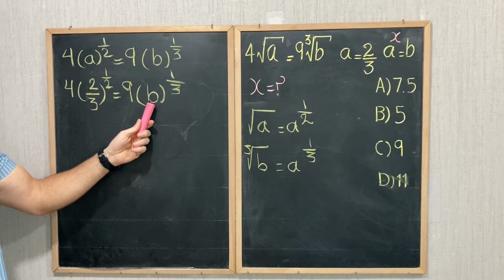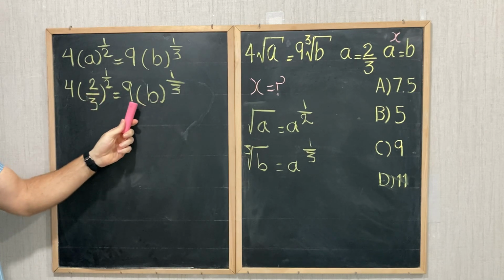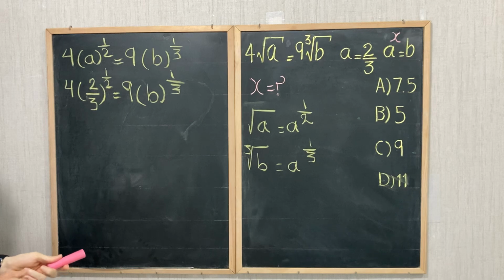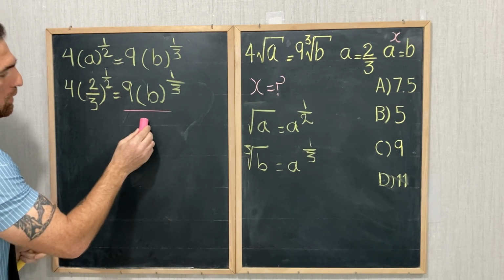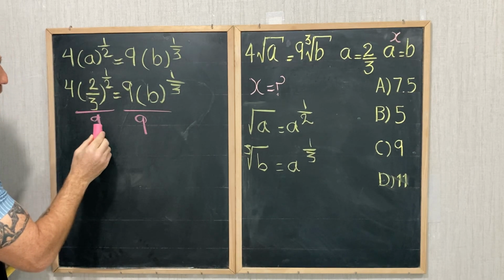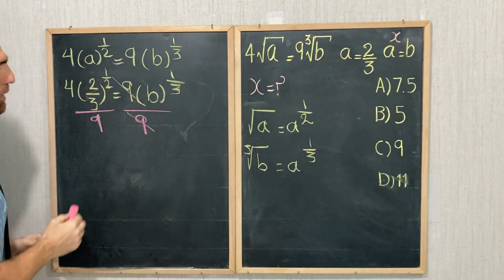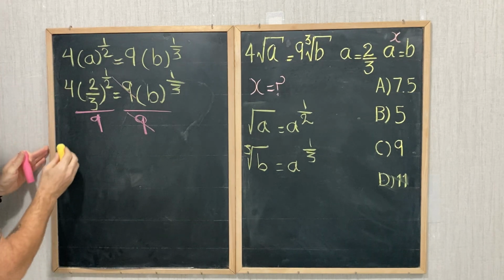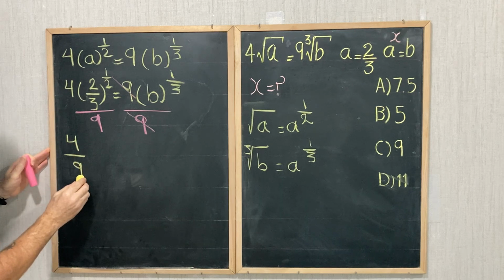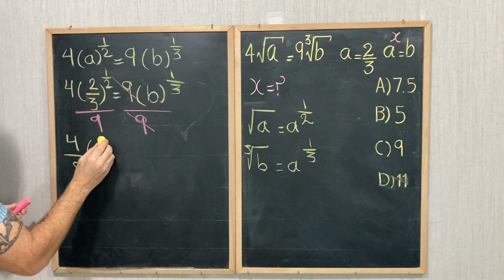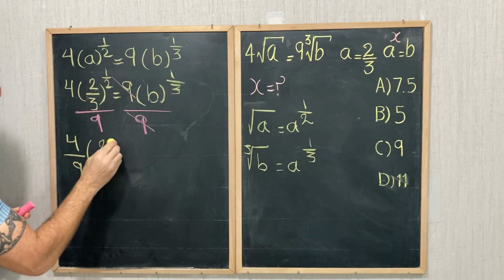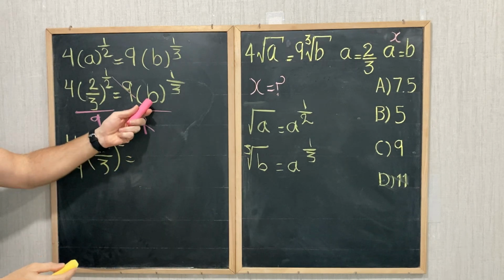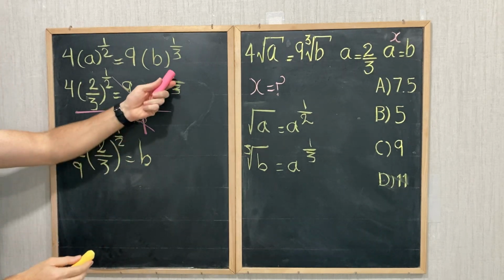To isolate the b, let's divide both sides by the coefficient of b, so let's divide by 9. This 9 cancels off. It's going to be 4 over 9 times 2 over 3 to the power of 1 over 2 equals b to the power of 1 over 3.